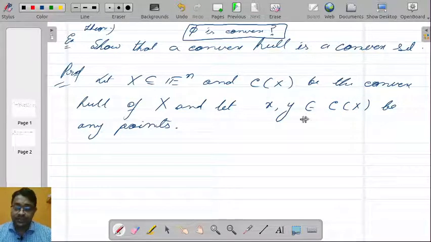Since x and y are elements of the convex hull of X, how will they look like? That is what we have to identify now.